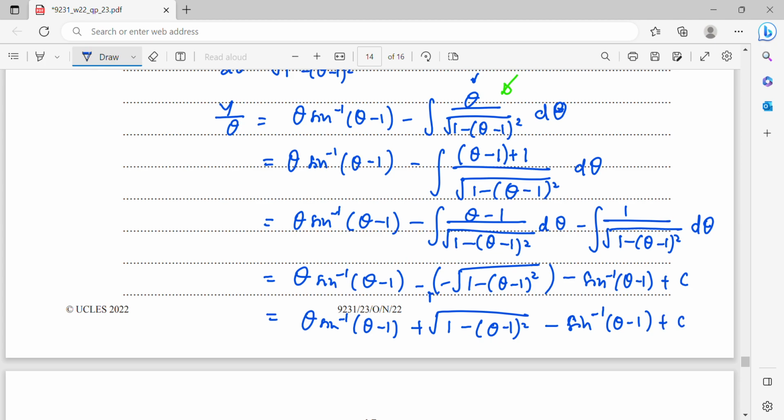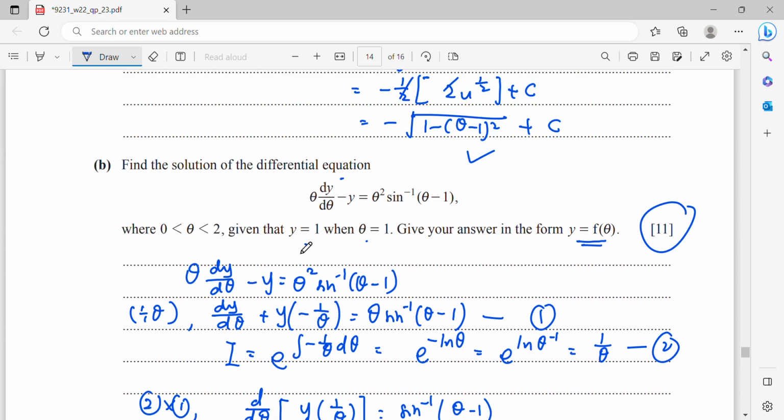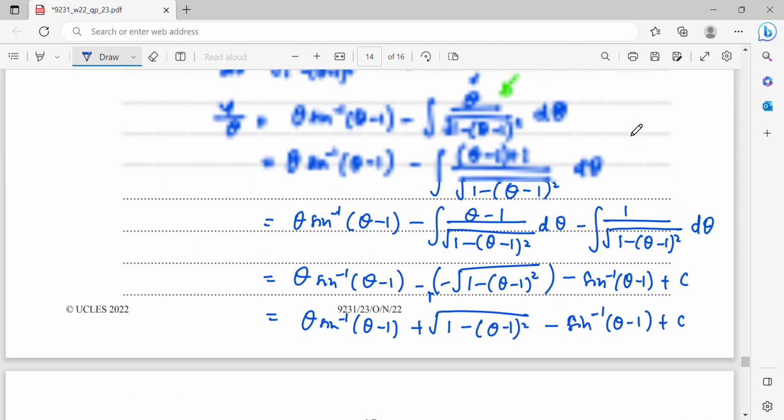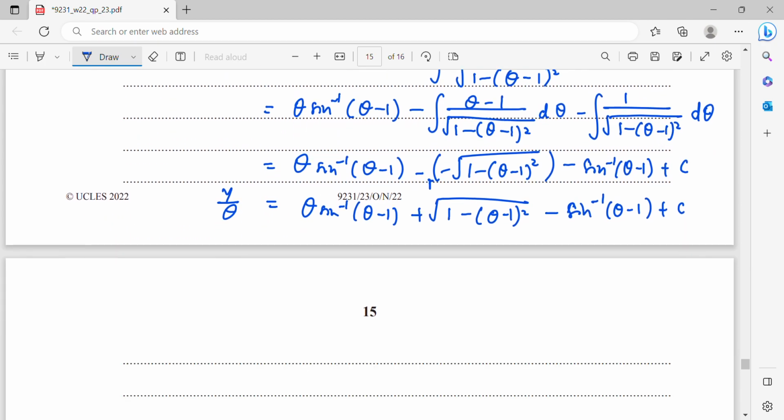All right, now let's check back the question. You are given y equals 1, theta equals 1. Then get y as the subject. This is your expression right now. Y is 1, theta is 1. The left-hand side will be 1. Right-hand side, inverse sine of 1 minus 1, which is 0.